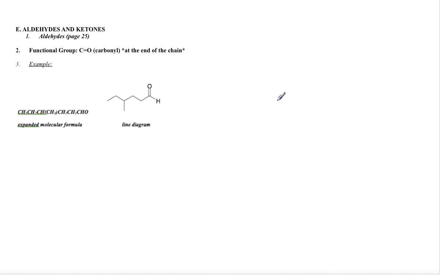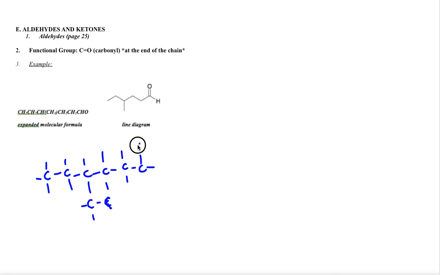Our next pairing, and our last one for this lesson, are aldehydes and ketones. Aldehydes and ketones are isomers of each other, and what they have in common is a carbonyl group, which is a C double bonded to O. So when you look at the expanded molecular formula, if you're drawing an aldehyde, you have a CHO at the end.